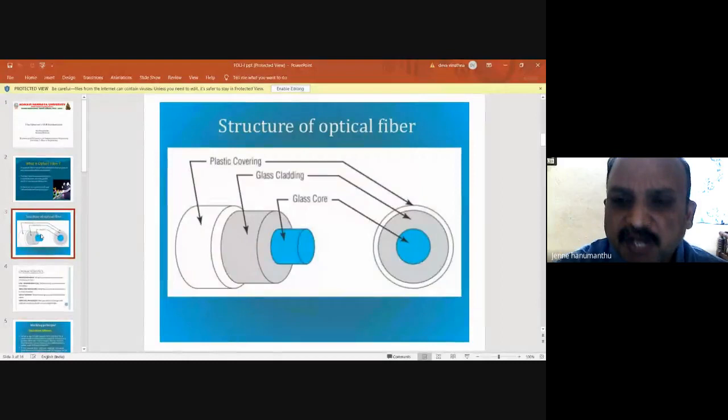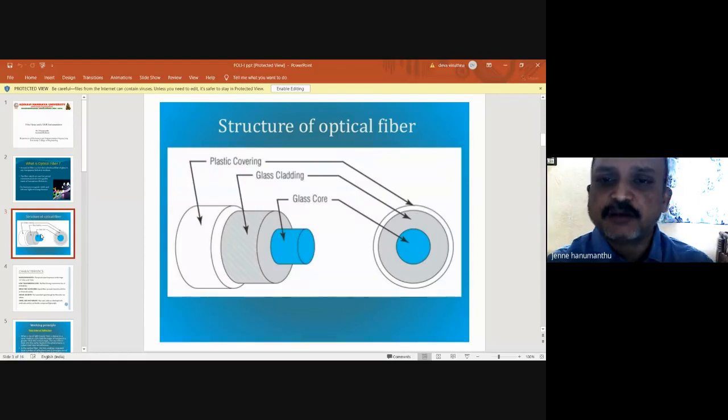The importance of optical fibers is everywhere. Not only on the communication side, but because you are all instrumentation people, on the instrumentation side also, optical fibers are very useful.